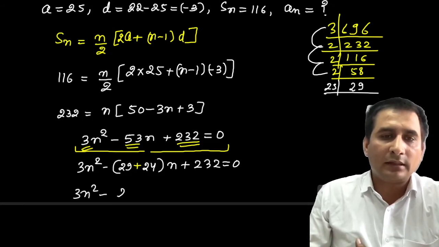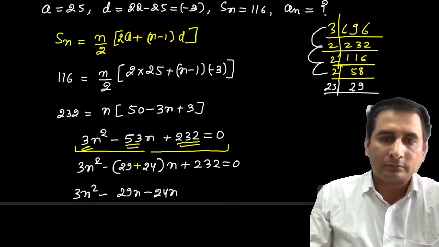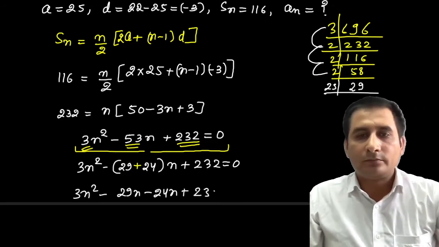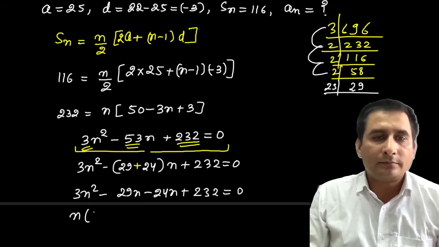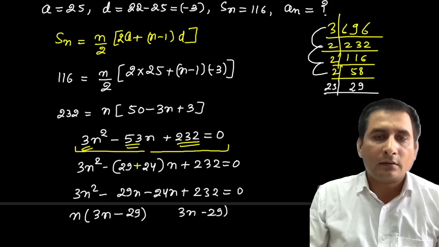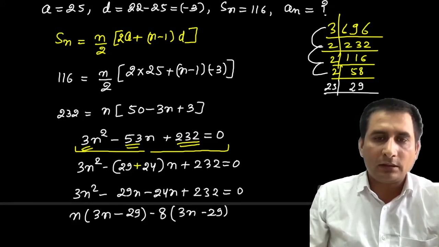So let us solve it. 3n square minus 29n minus 24n plus 232 is equal to 0. Take n common. It's 3n minus 29, and it's minus 24, 8 threes are 24. We have to take 8 common here.